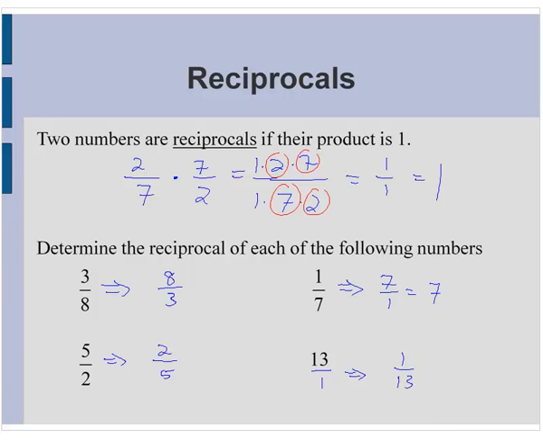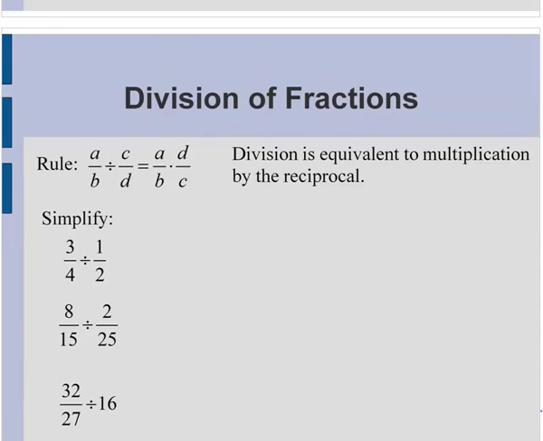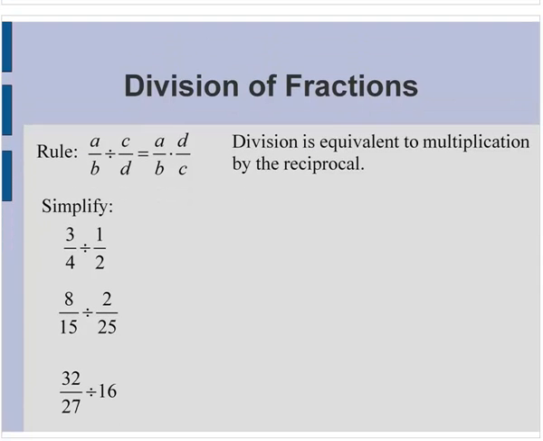We introduce the reciprocal because we need that for division of fractions. Division is equivalent to multiplication by the reciprocal. So if we have a over b divided by c over d, that's equivalent to writing a over b, the first fraction, multiplied by the reciprocal of the second fraction, d over c.